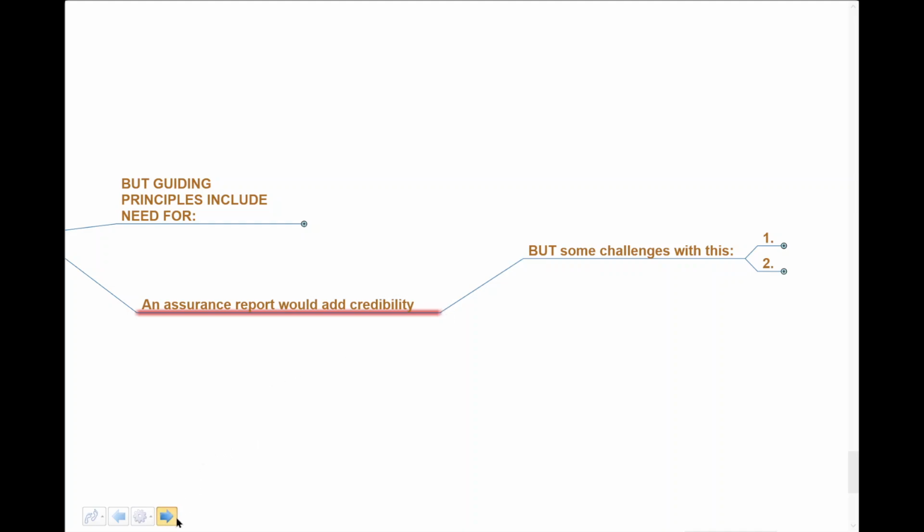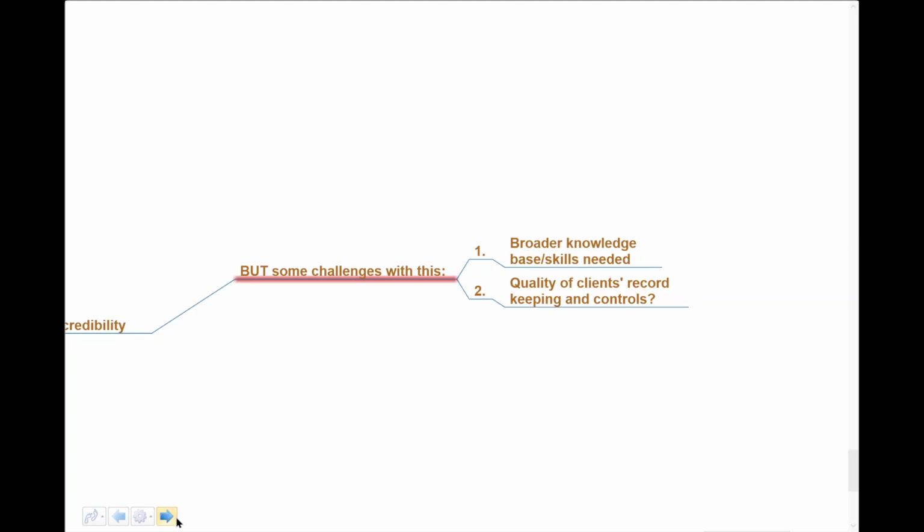But the problem with that is, when we think about an audit report requirement for an integrated report, certainly the skill base needed to audit information, which remember is broadly non-financial, is completely different from the skill base needed to audit financial information. In other words, would auditors be skilled enough to audit a report such as this?